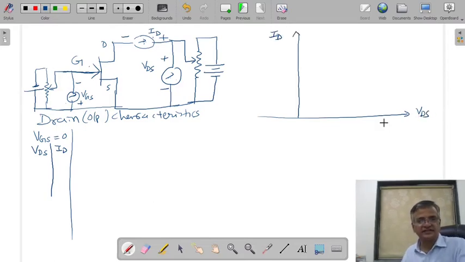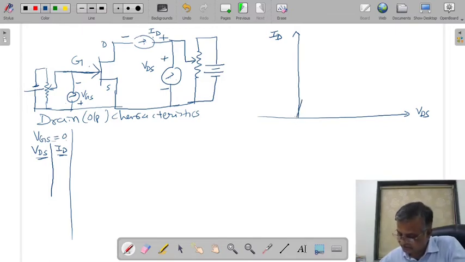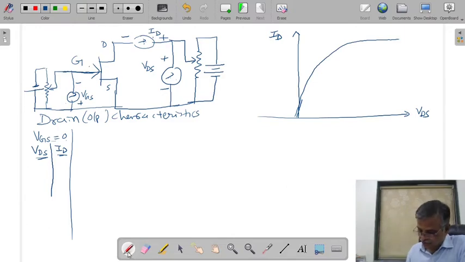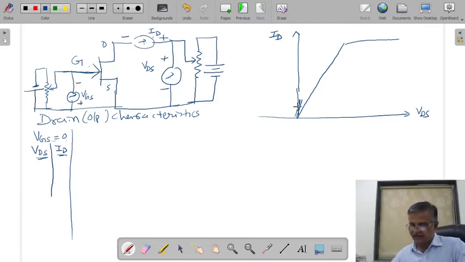So I am changing this value, noting this for VGS 0. So my graph is like this, I am getting such a kind of graph.